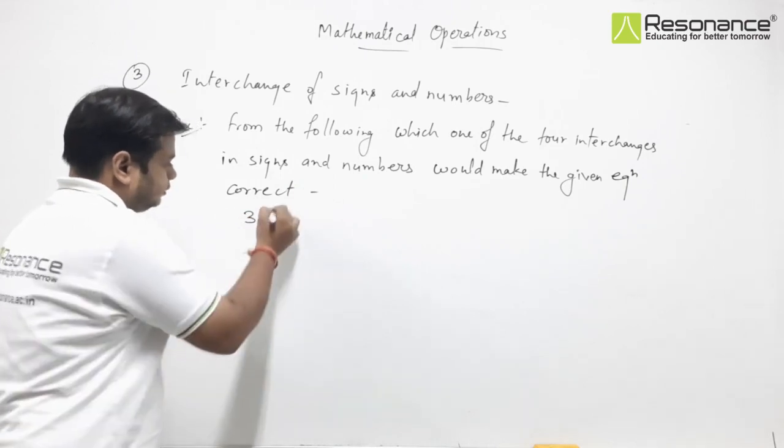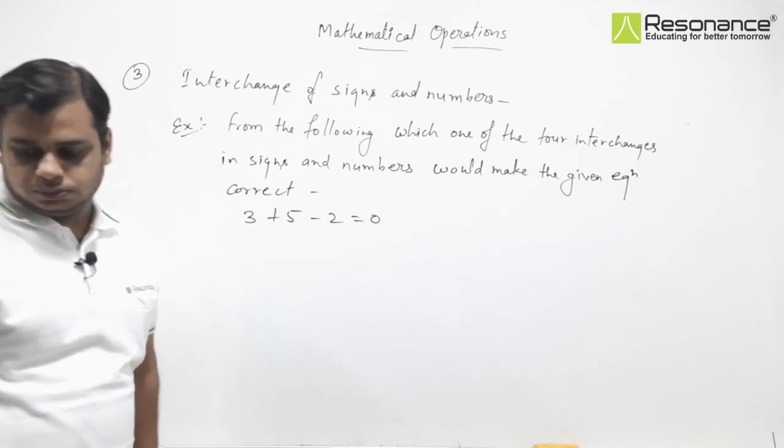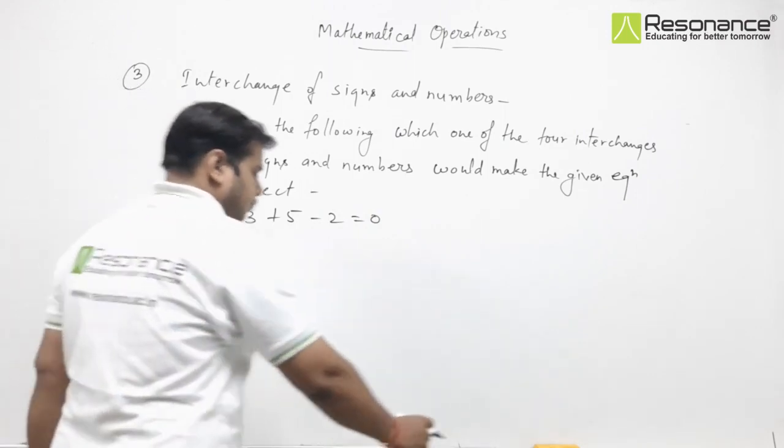The equation is 3 plus 5 minus 2 is equal to 4.